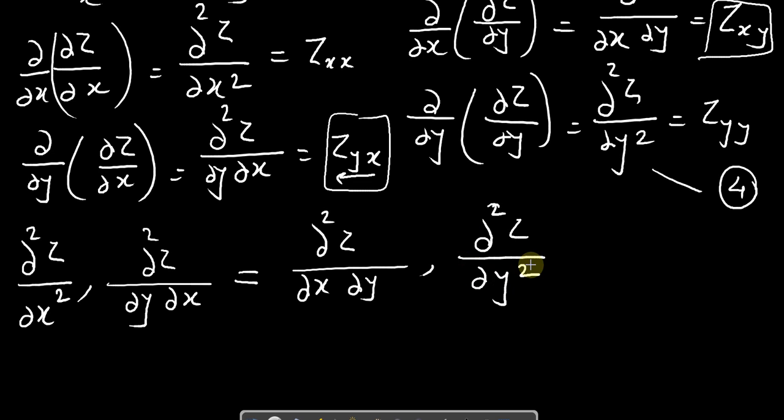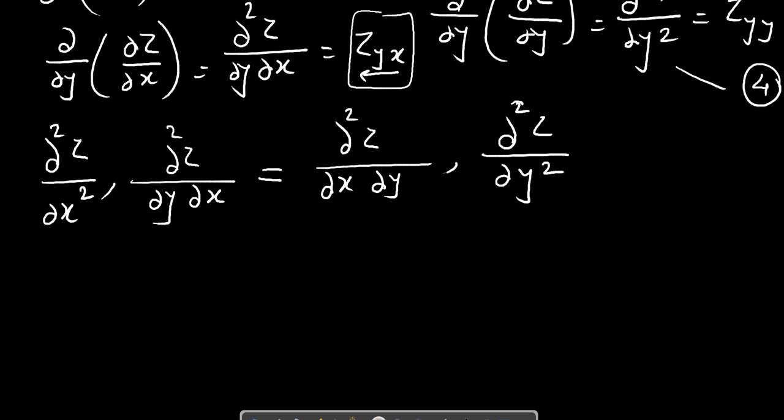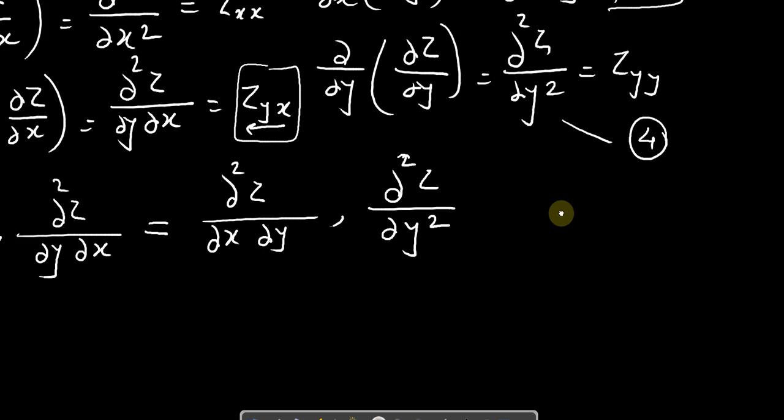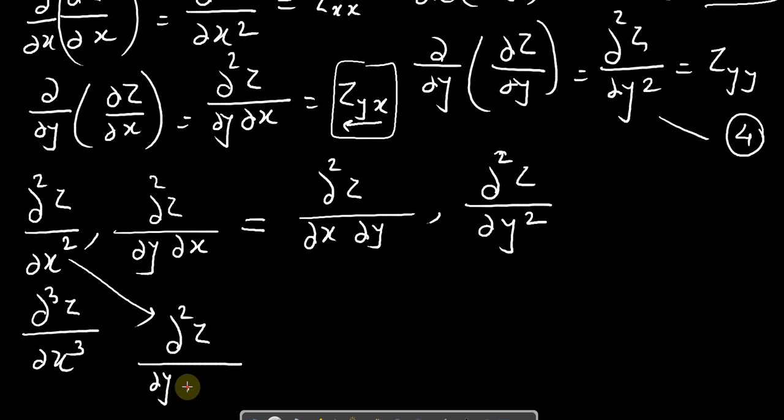Again, these second order derivatives are going to be functions of x and y, which can be further differentiated. Let's see how. If we differentiate this with respect to x, we get dou cube z by dou x cube. If we differentiate this with respect to y, we get dou cube z by dou y dou x square.